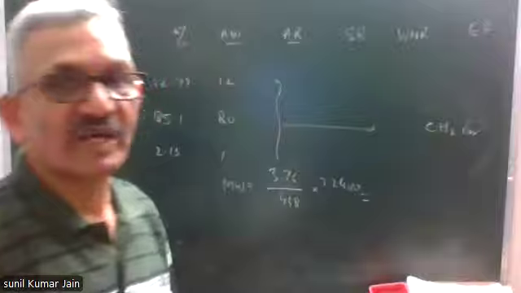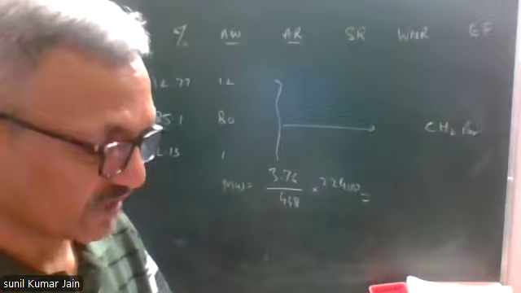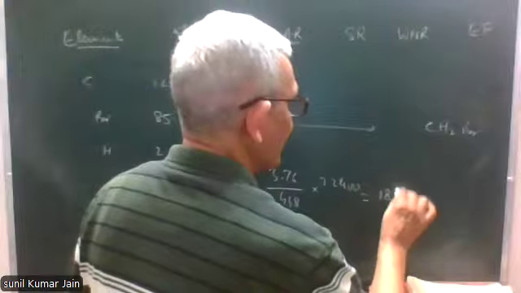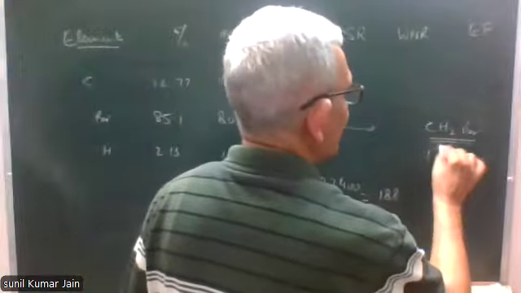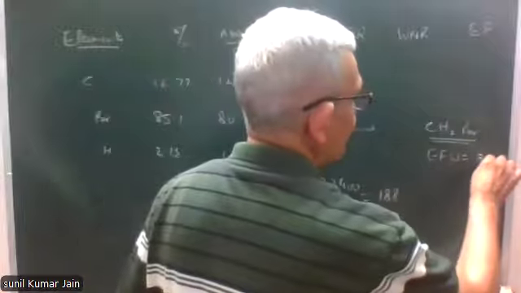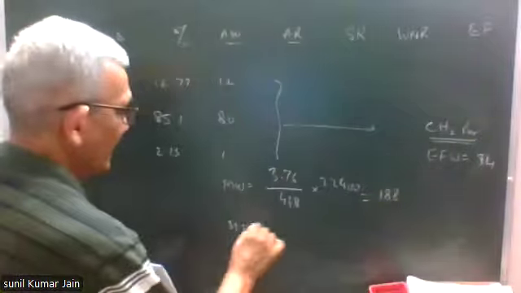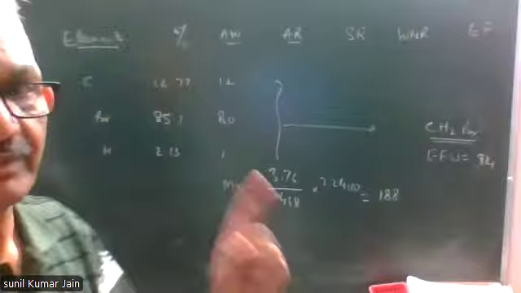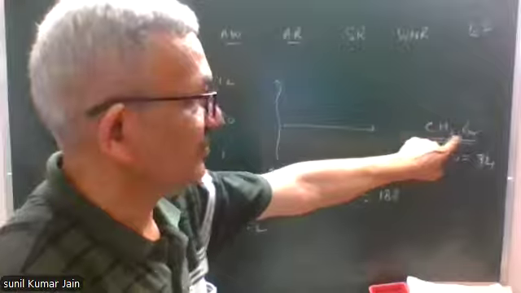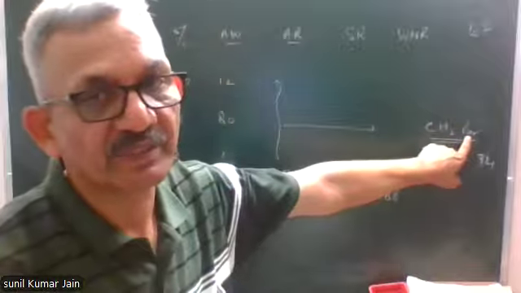So this is the weight of 1 mole of the compound, that is nothing but molecular weight. So this molecular weight will come out to 188. And this empirical formula weight will be half of this, 94. N will be 2. It means the molecular formula will be double of this, C2H4Br2.